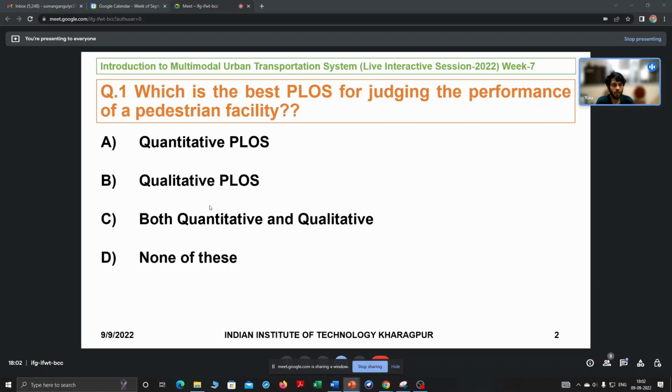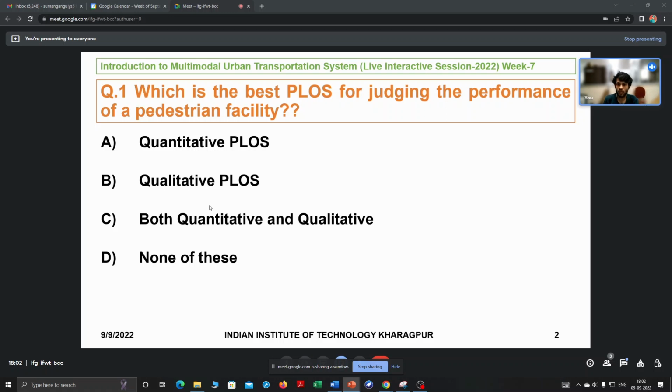If you remember, we calculated the effective width from the existing width and the side distance, and based on the flow rate, from the table of the Indian HCM we calculated our level of service. So now the question is, what is the best pedestrian level of service?